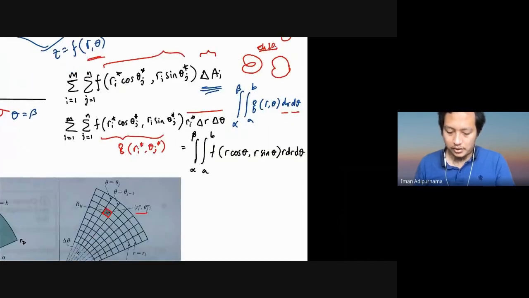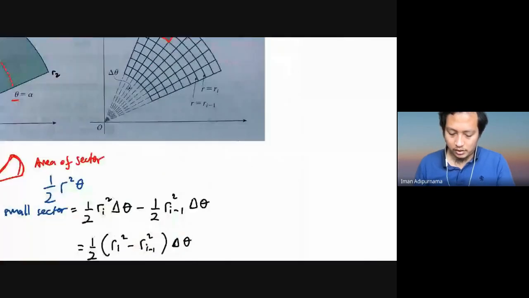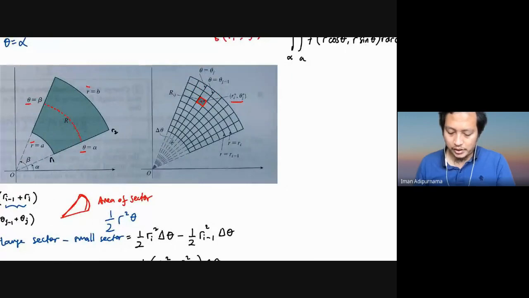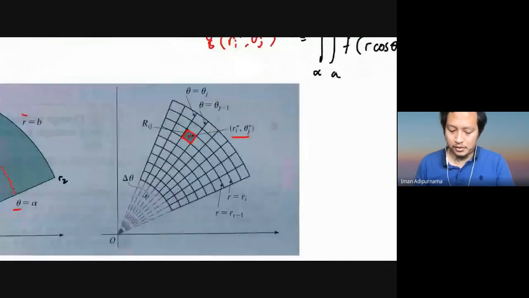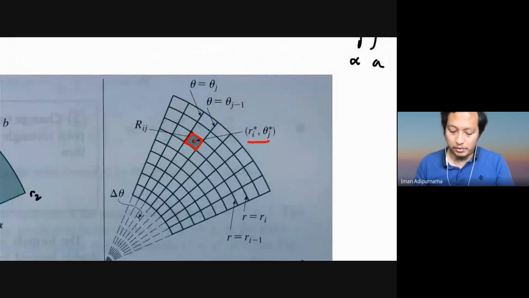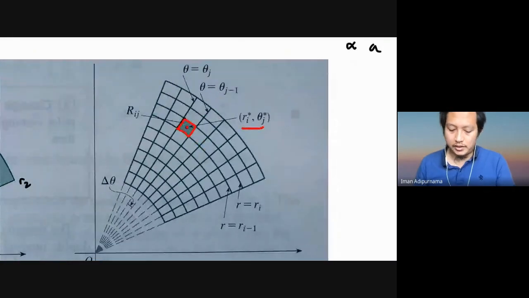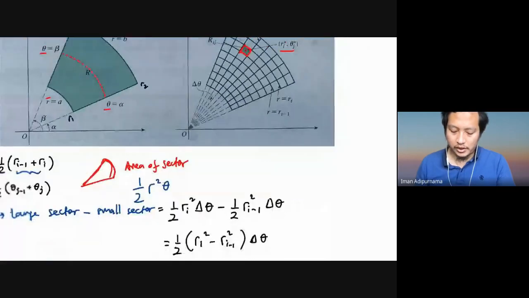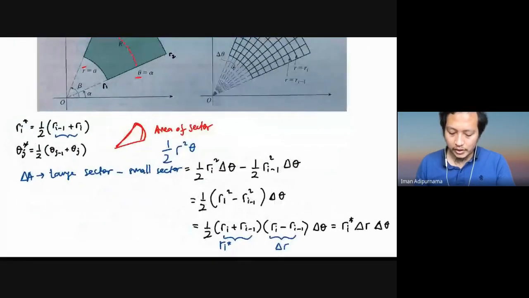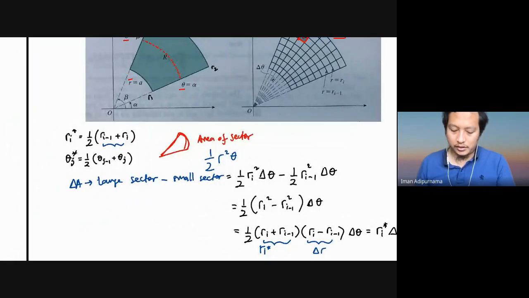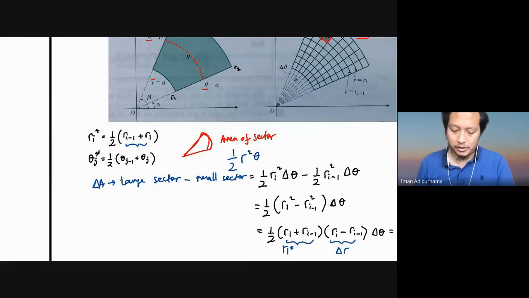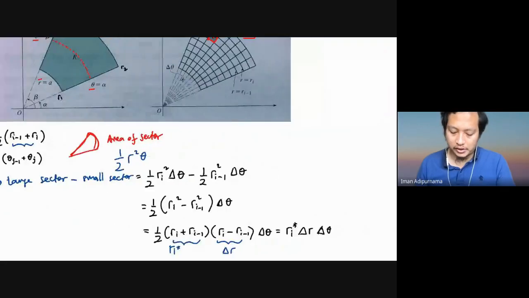You can see from this illustration that if you cut this polar plane into pieces, you get these small rectangles, which we can approach as the difference between the large sector and the small sector.